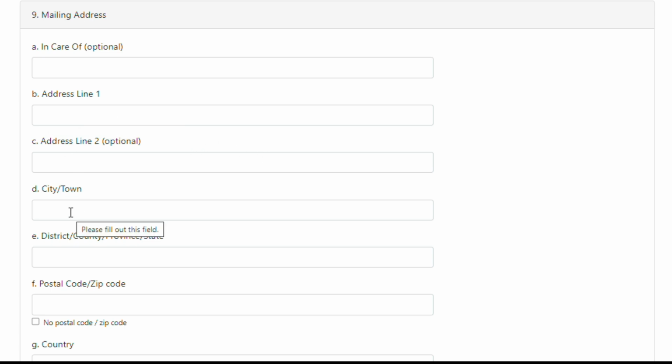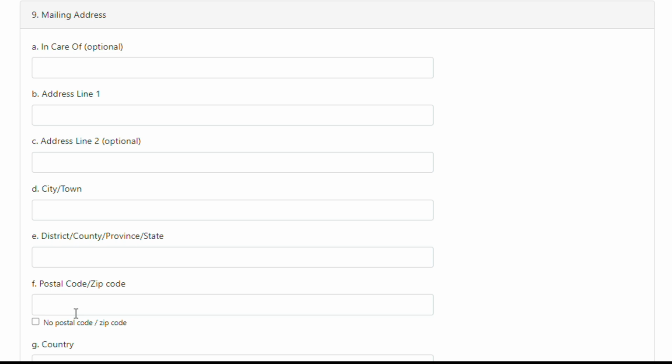Then indicate your town or your city, and then indicate the district, the county, the province, or the state, and then put the postal code here. And about the postal code, because I know different countries use different systems, you can get the postal code of your town by browsing the internet. Just Google it.